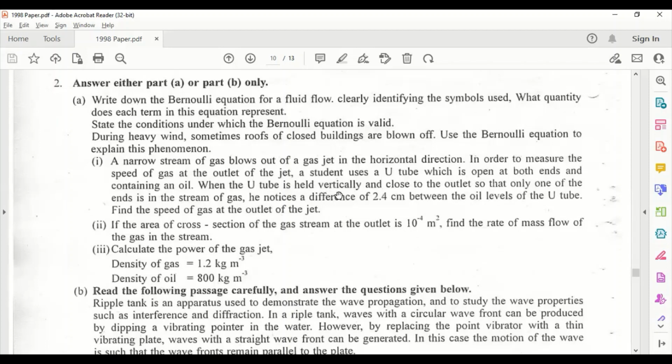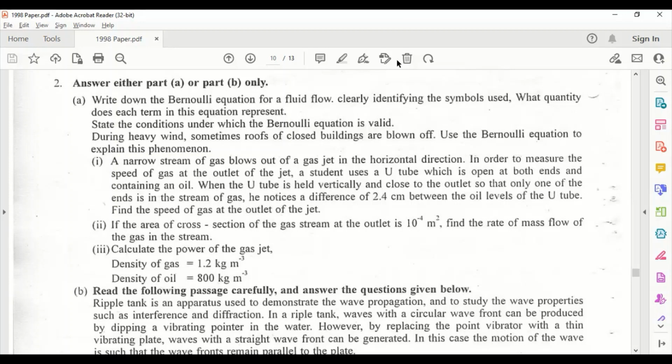When the U-tube is held vertically and close to the outlet so that only one of the ends is in the stream of gas, he notices a difference of 2.4 centimeters between the oil levels of the U-tube. Find the speed of gas at the outlet of the jet.